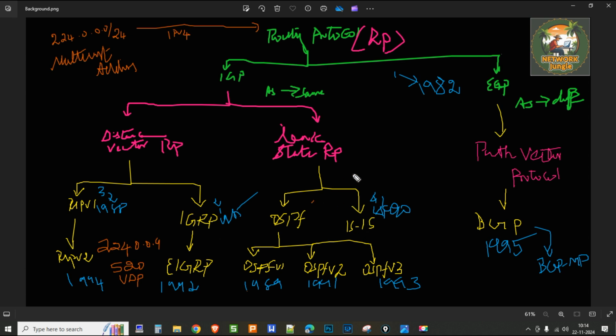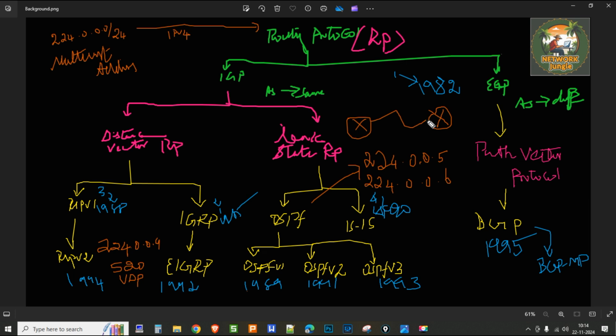Next, OSPF. For OSPF we use 224.0.0.5, then 224.0.0.6. For example, two routers are available in the OSPF topology.